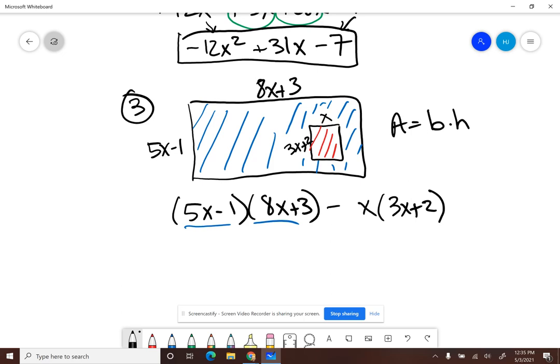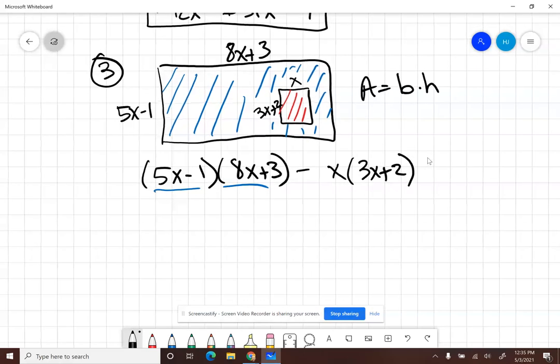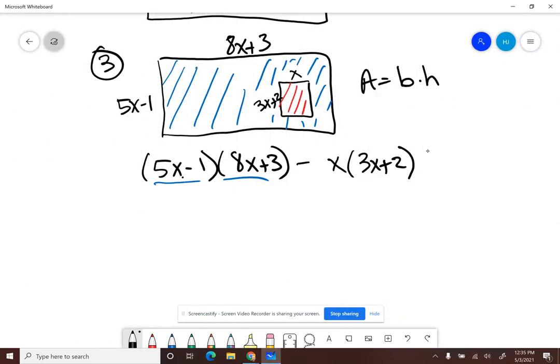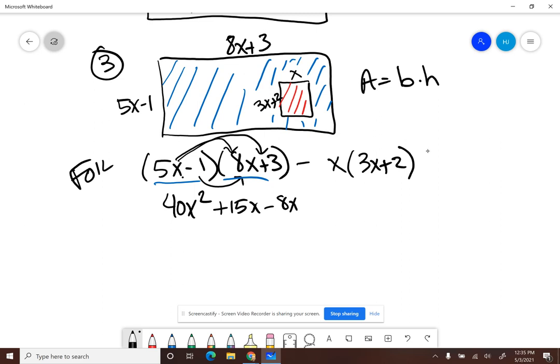So let's just work some things out here kind of quickly. Again, I've got two binomials being multiplied times one another, so I'm going to do my first terms first. Remember FOIL, F-O-I-L, which is just the distributive property done twice. So 5x times 8x is 40x squared. 5x times 3 is 15x. Negative 1 times 8x is negative 8x.